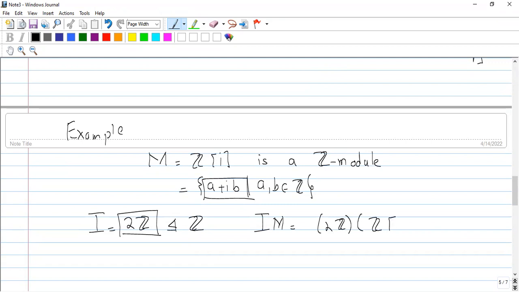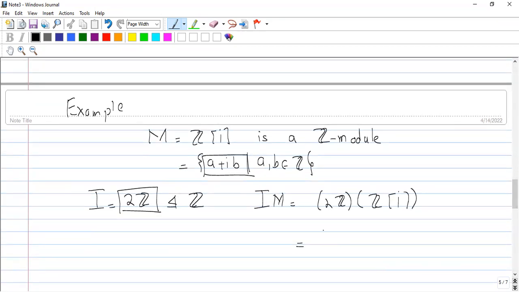with elements of Z iota, what type of elements will I get? Because the elements of Z iota are just Gaussian integers a and b, they will be multiplied by elements of 2Z, so they are even actually.